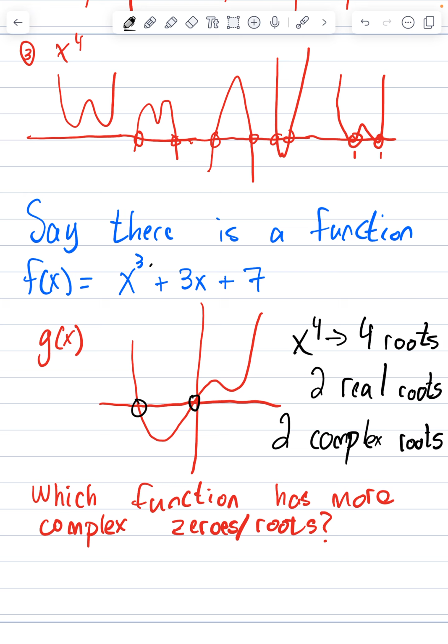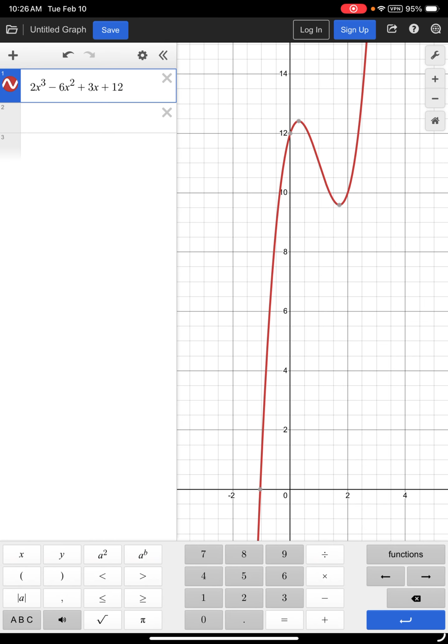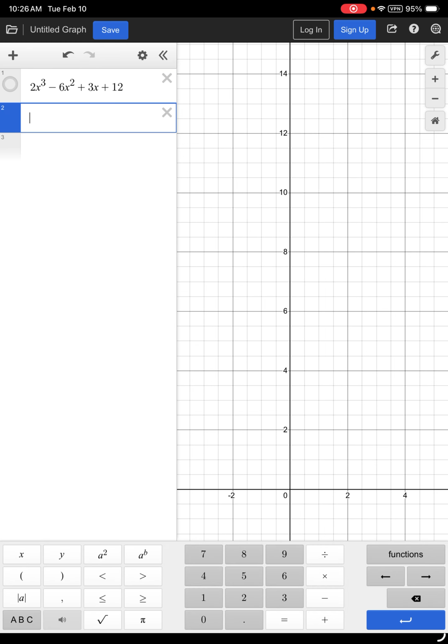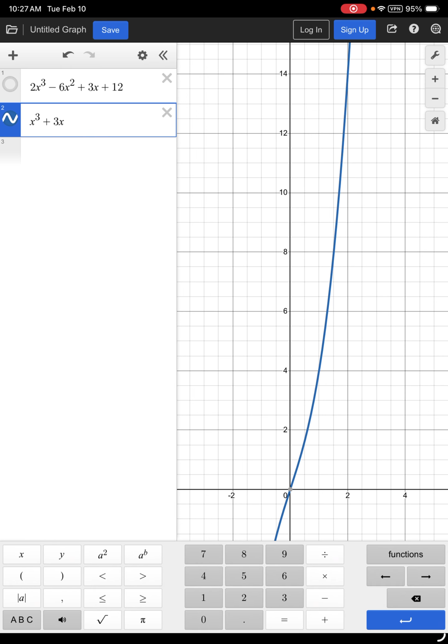For f of x, we know there'll always be one real root because it's x cubed. But let's try to graph it and see how many roots we get. So I have x cubed plus 3x plus 7.